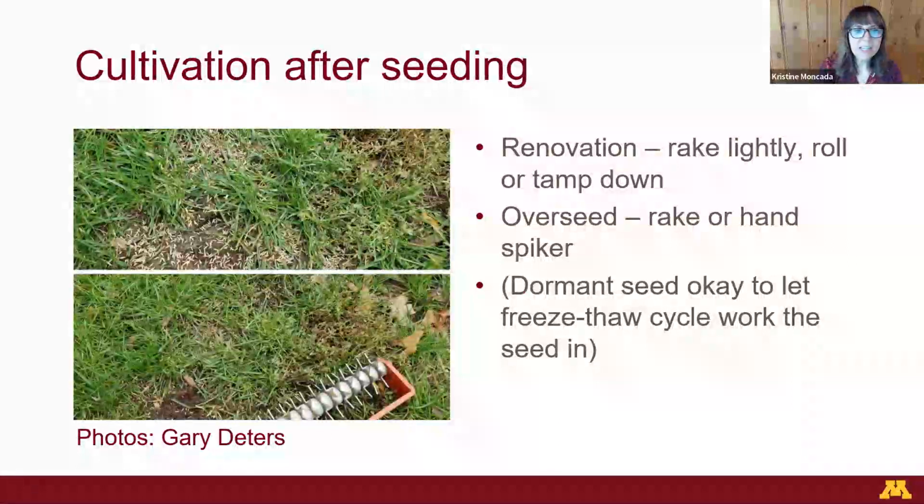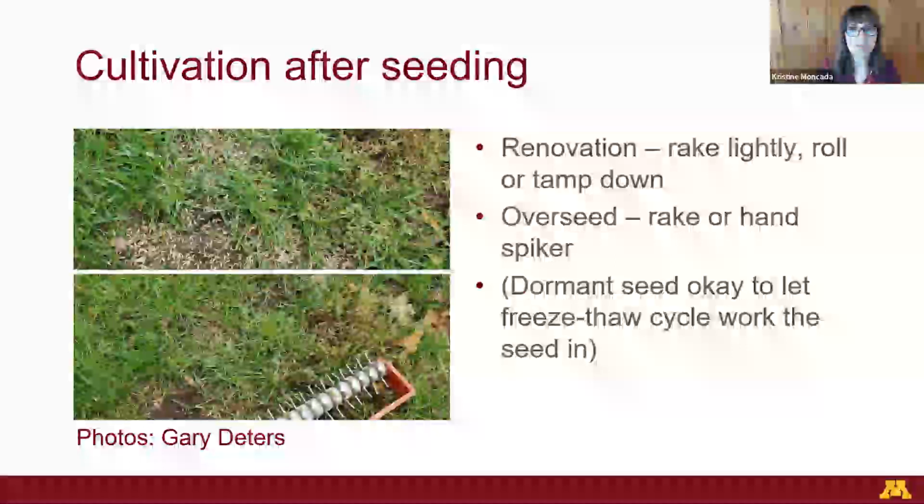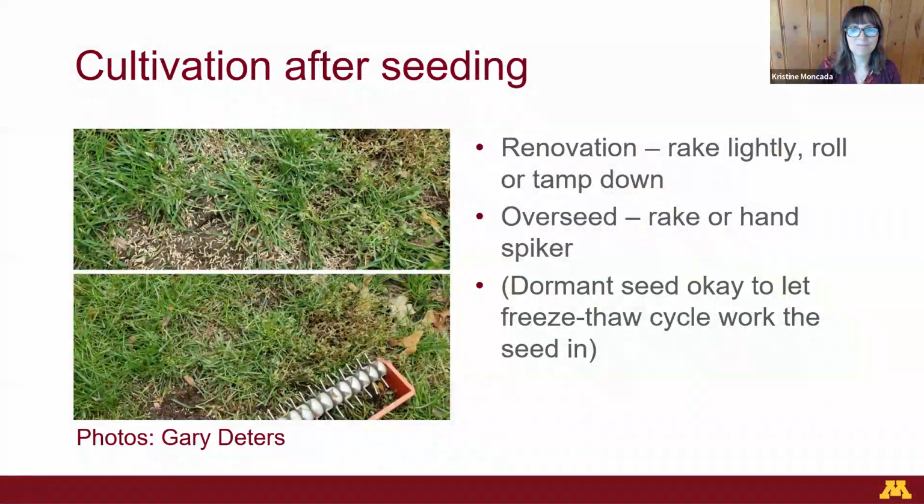For overseeding, you can imagine you have vegetation there, so it's harder to do things like rolling, but you can still lightly rake that in, working around the existing vegetation as you need to. There's a tool you can see at the bottom of this picture called a hand spiker, and that's pretty effective too.